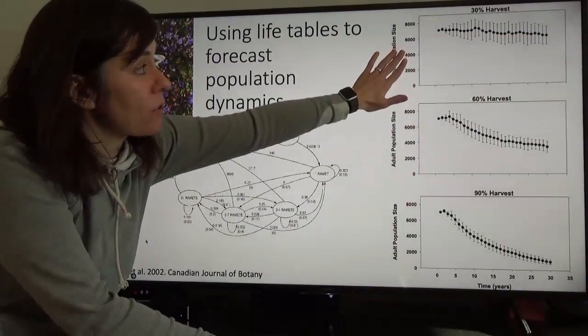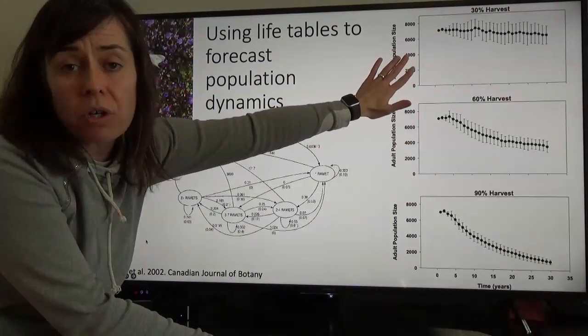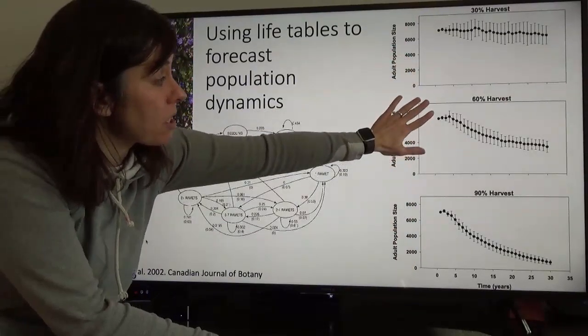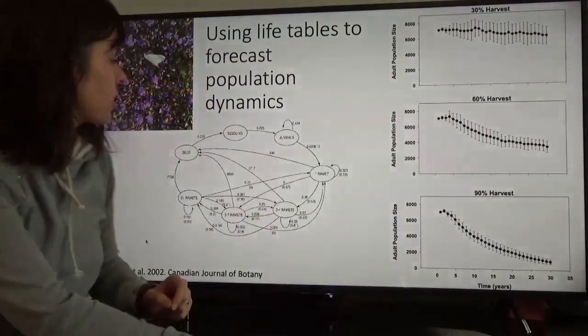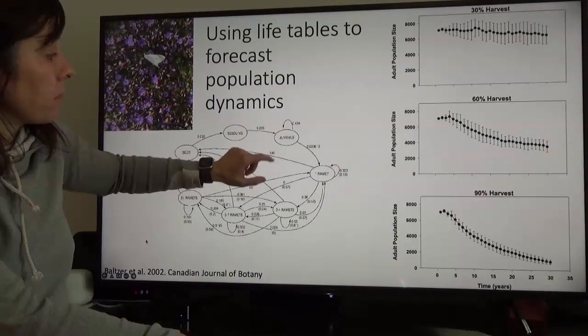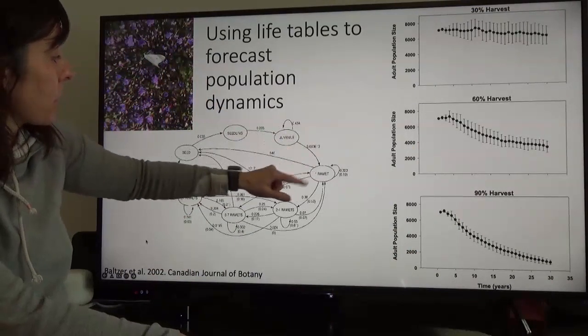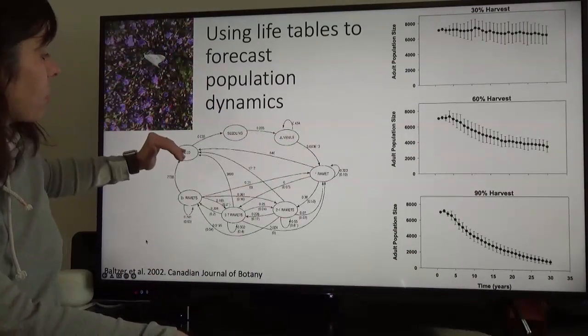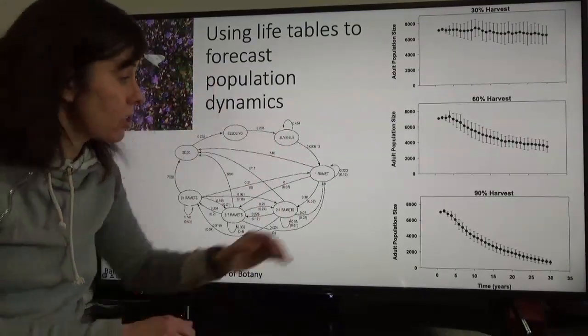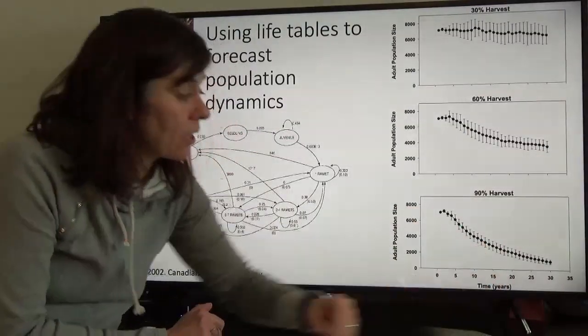And we see that at 30% harvest, the population is more or less stable. But once you get to 60% harvest, we start to see rapid declines in the population. And the reason for this is because it takes so long for juveniles to become reproductive. And if we don't have that input of new juveniles into the population, all of a sudden that population lags and then it crashes.